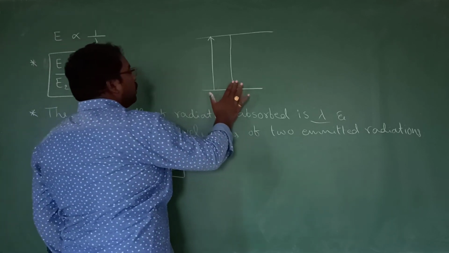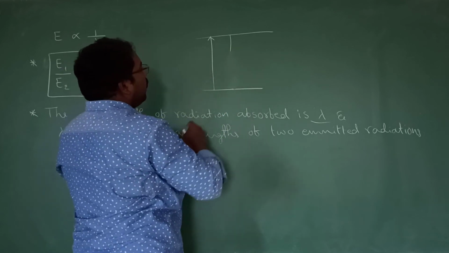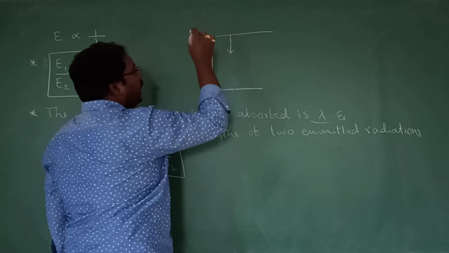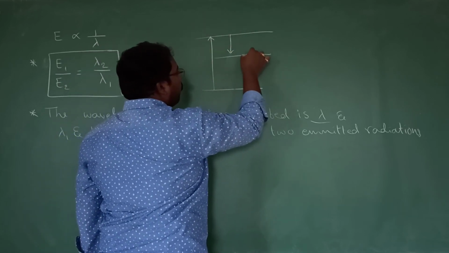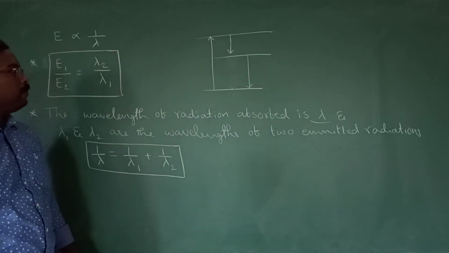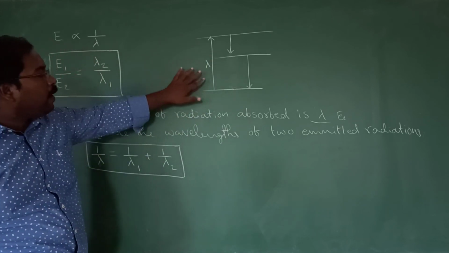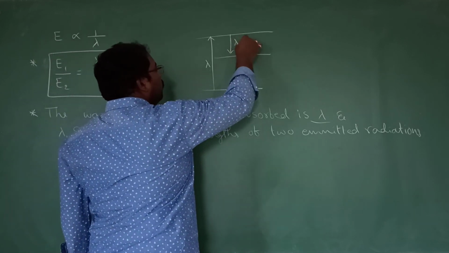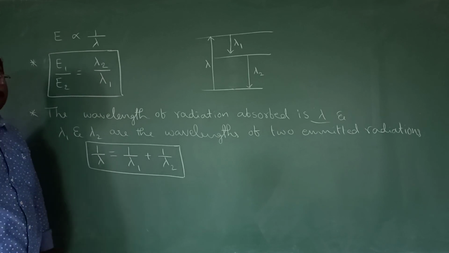For example, instead of coming directly to the bottom, the electron may come to the ground state stepwise also. So this lambda is the wavelength of light which is absorbed, and these are the two radiations, lambda 1 and lambda 2.